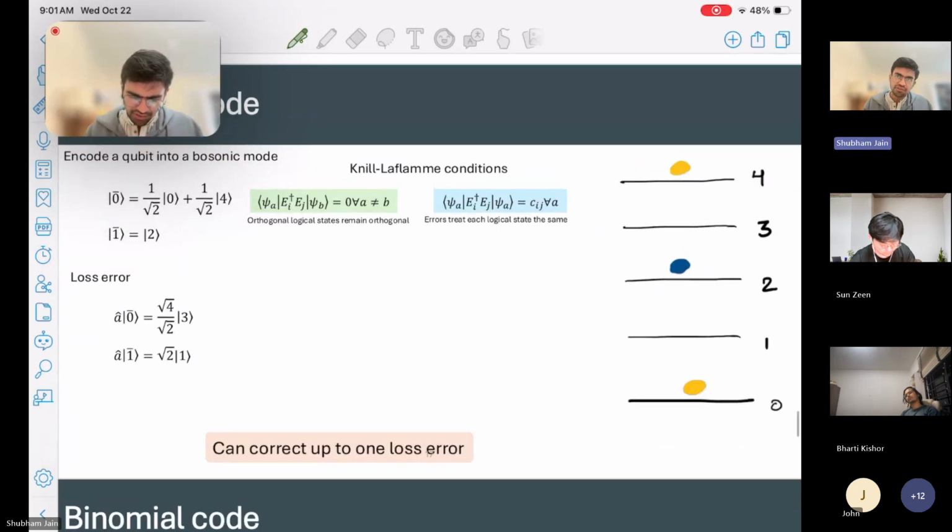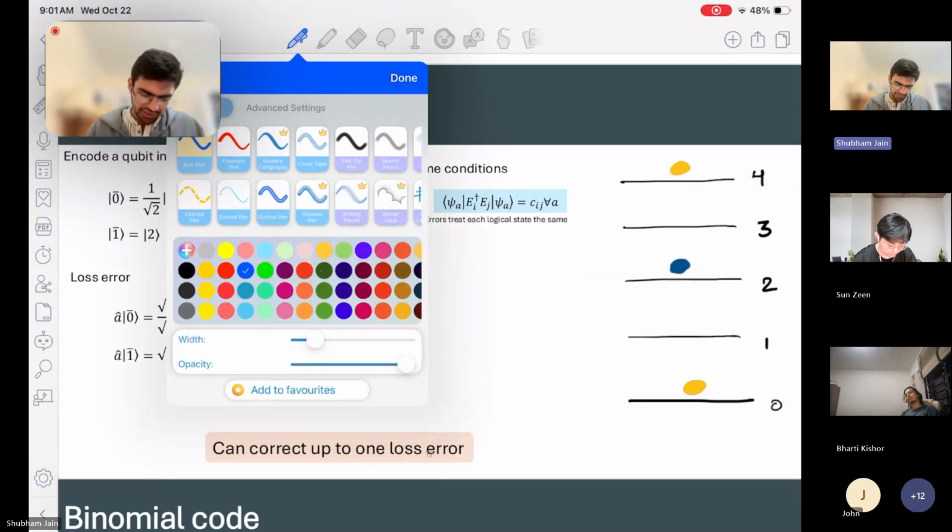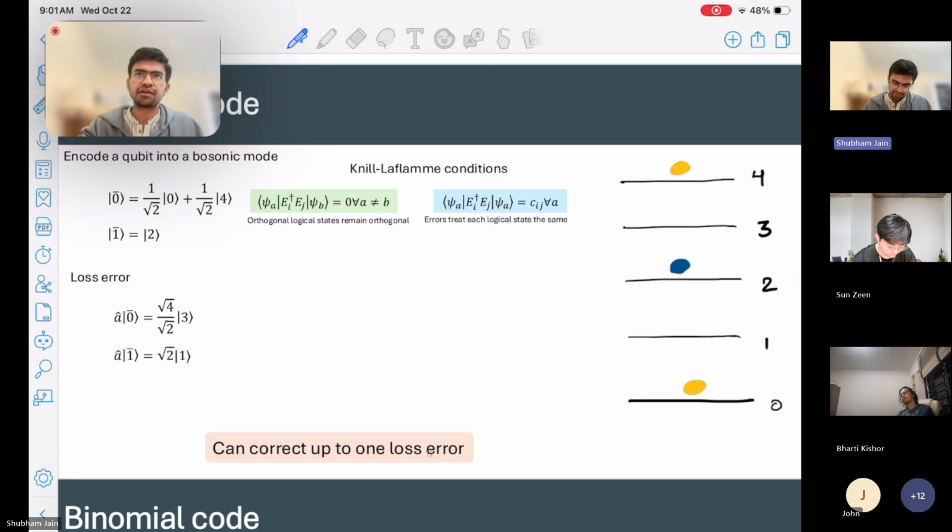Then the other thing to check would be the on-diagonal conditions, which is the second set of conditions. This is also easy to do, where we have the same logical states on either end of this sandwich. First would be this guy, so we will look at the overlap of A0 logical with 0 logical. Again, there's 3 here and 0, 4 here, so there's no overlap.